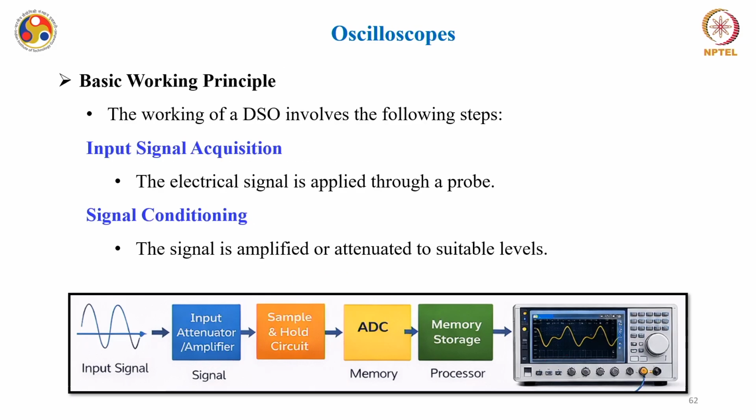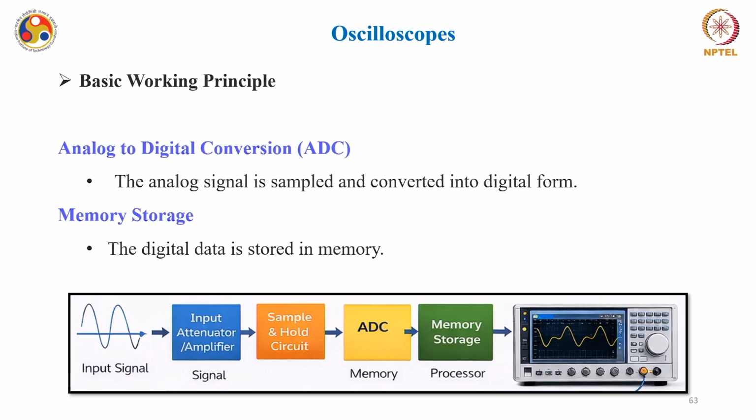Okay. The basic working principle of this DSO is also very similar to what we have seen. We have your input signal acquisition. The electrical signal is applied through a probe, which we have seen in the analog oscilloscopes also, and is then fed into the signal conditioning unit, where the signal is amplified or attenuated to a suitable level depending on what is required. Then the output has to be fed into an ADC, but before we feed anything to the ADC, particularly high frequency or high bandwidth data, we have to use a sample and hold circuit.